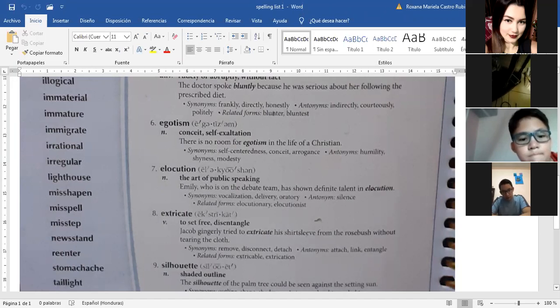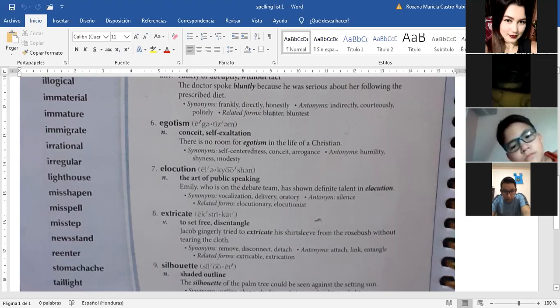It says, Jacob gingerly tried to extricate his shirt sleeve from the rosebush without tearing the cloth. Who wants to try? Who can translate that sentence? Jacob gingerly. Jacob trató de liberar. Ajá. Con cautela. Gingerly quiere decir con cautela.